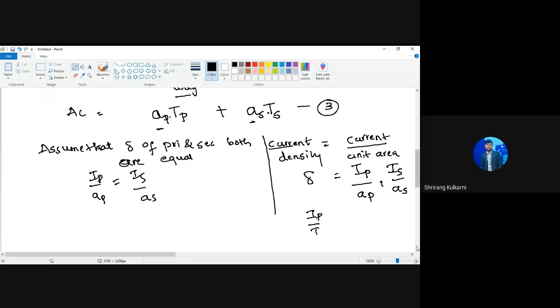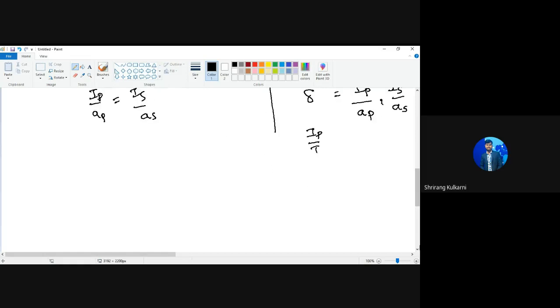Now, delta. What is AP? AP can be written like this, IP by delta. So we can write AS like this, AS is equal to IS by delta, correct?